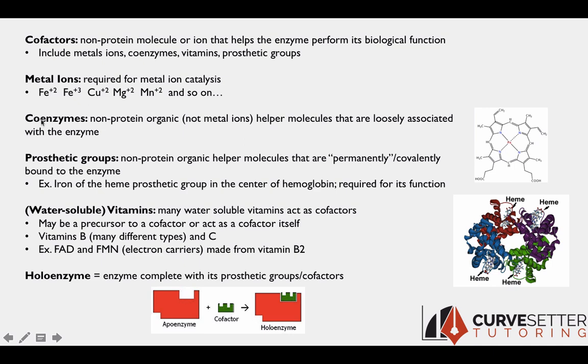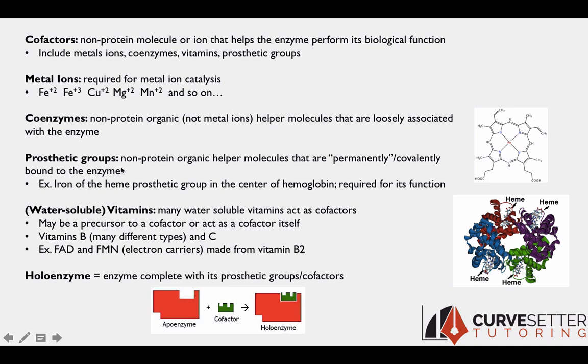Next we have coenzymes, which are non-protein, organic, so organic means not metal ions, helper molecules that are going to be loosely associated with the enzyme. That's also another pretty broad category. And then prosthetic groups are non-protein, organic helper molecules that are permanently or covalently bound to the enzyme.